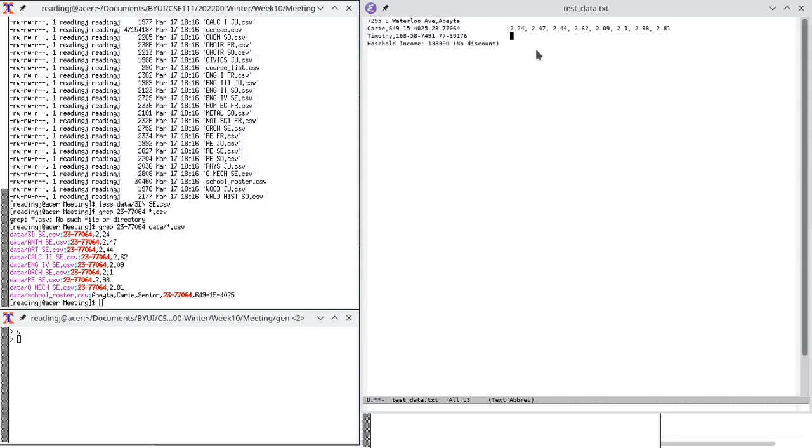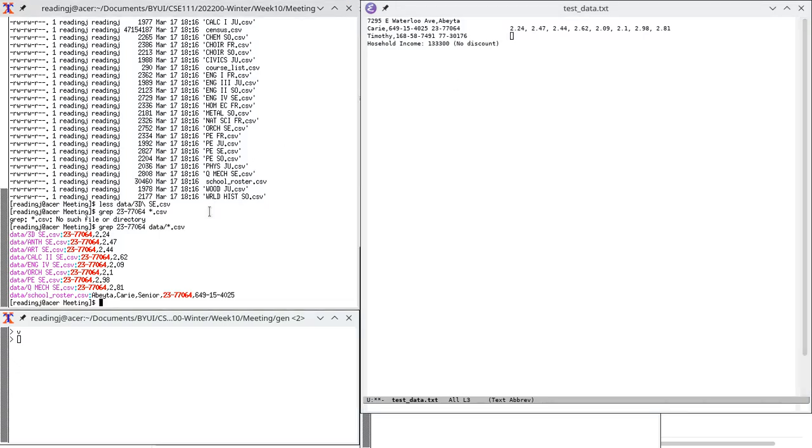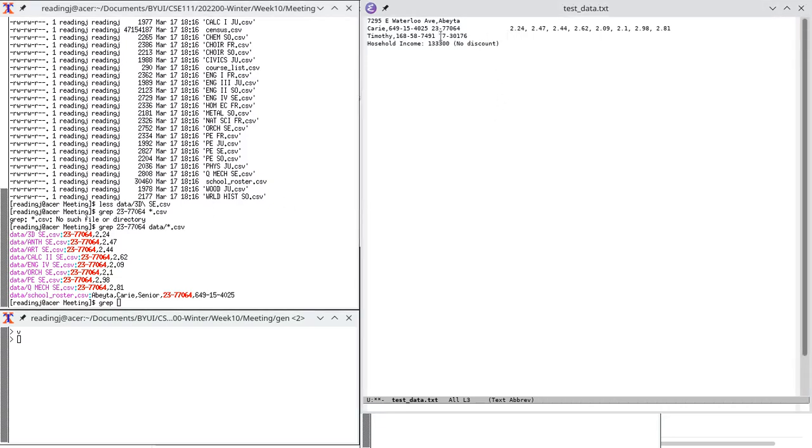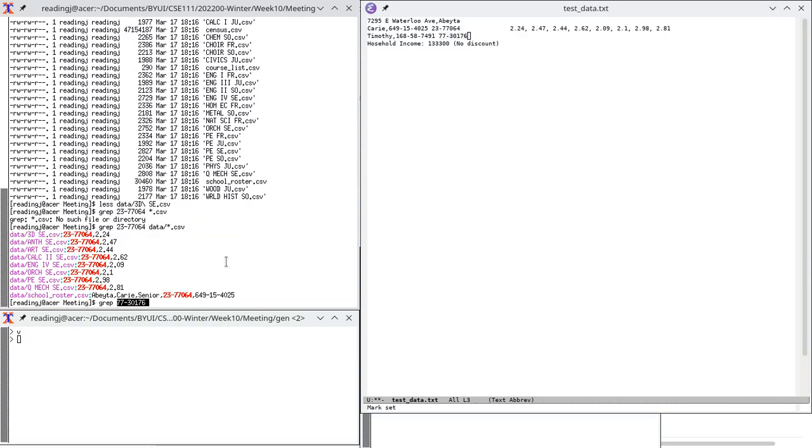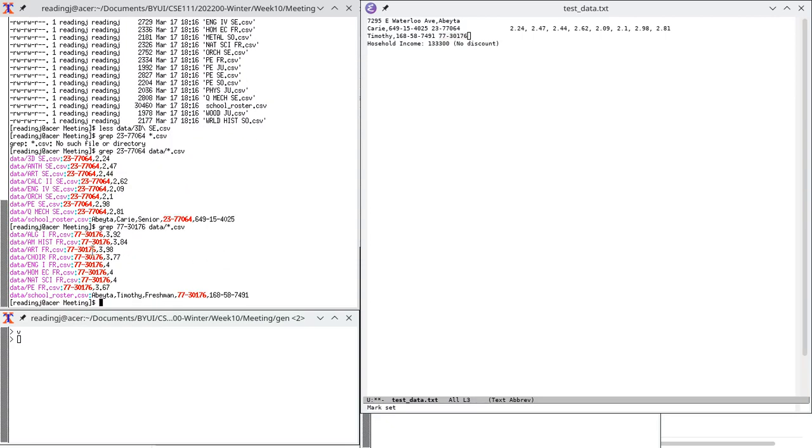Well, let's see how Timothy does. We need his student ID, which is this. Data star.csv. Okay, so he's got higher grades.